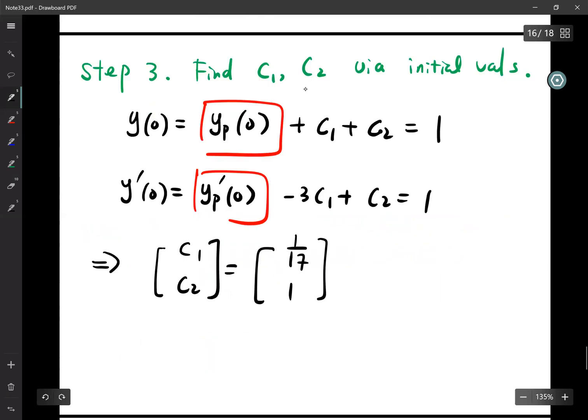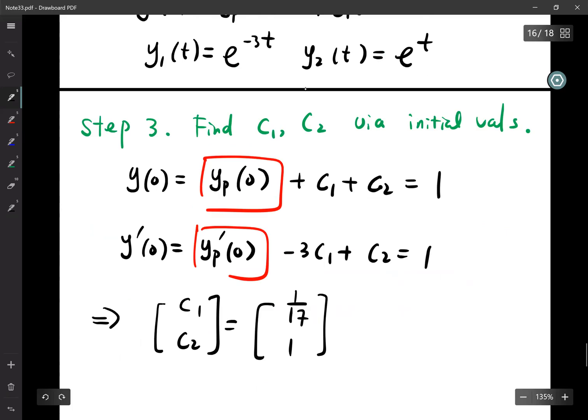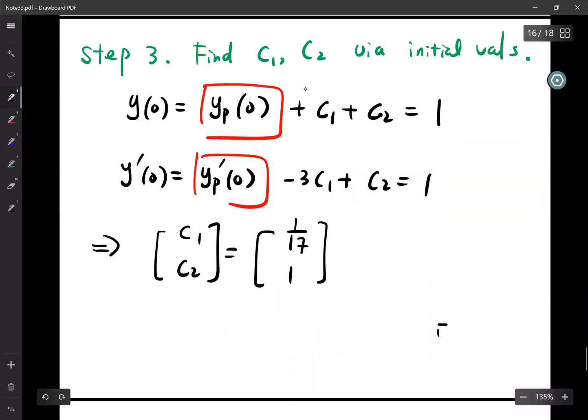Now I put C1 and C2 together, I get the final solution. So this would be the full procedure.